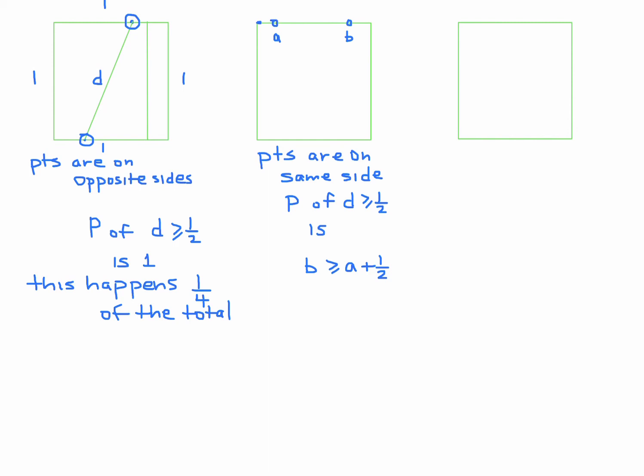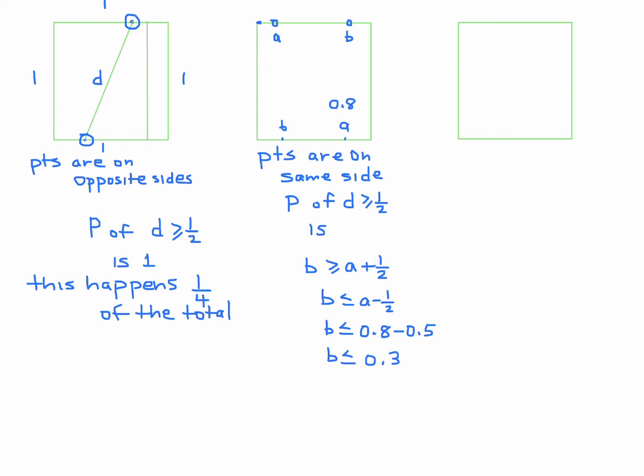If we reverse the conditions, we could have B less than or equal to A minus a half. So for example, if we reverse them, so I put A here, they're on the same side, and B is here, and A, say, is 0.8, then B has to be less than or equal to 0.8 minus a half, which is 0.3.